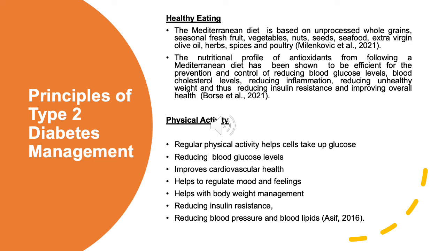Physical activity. Regular physical activity helps cells take up glucose, reducing blood glucose levels, improves cardiovascular health, helps to regulate mood and feelings, helps with body weight management, and reduces insulin resistance, blood pressure and blood lipids.